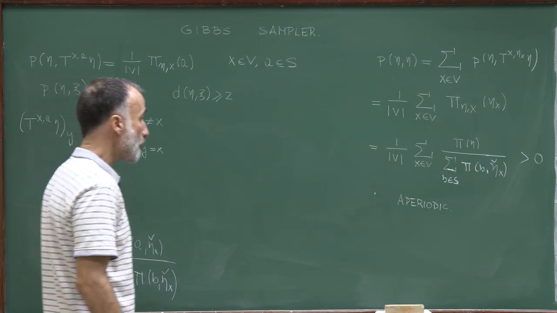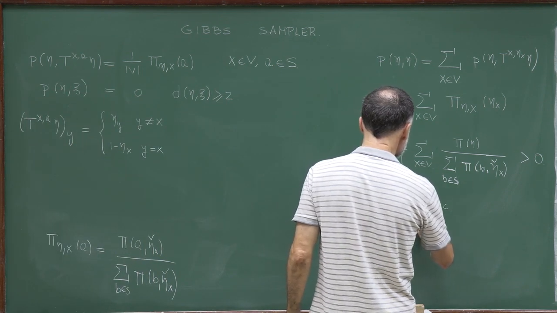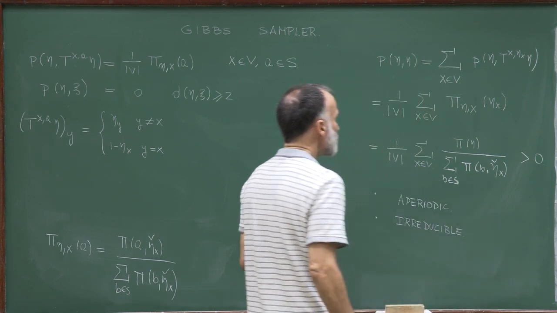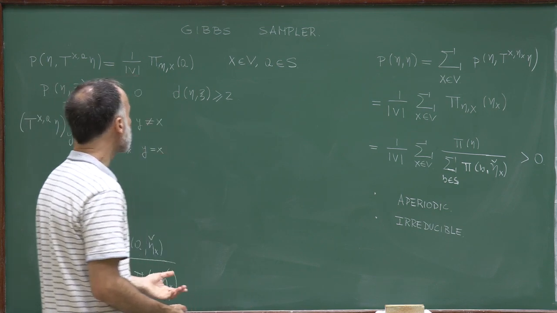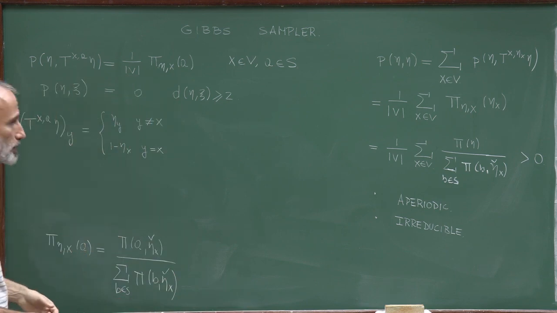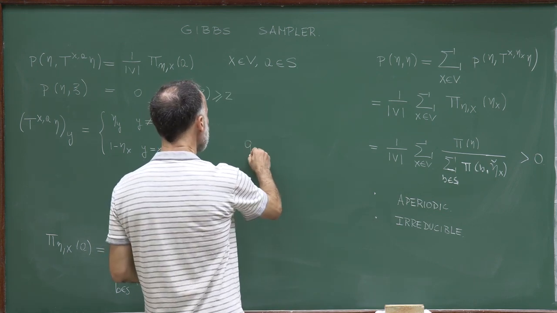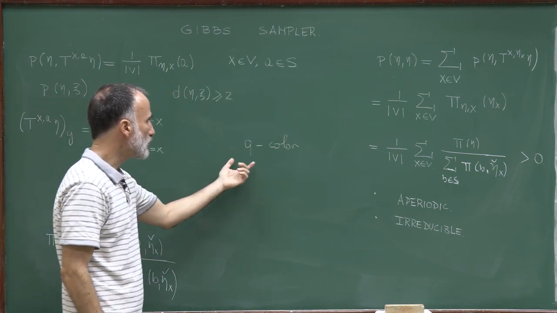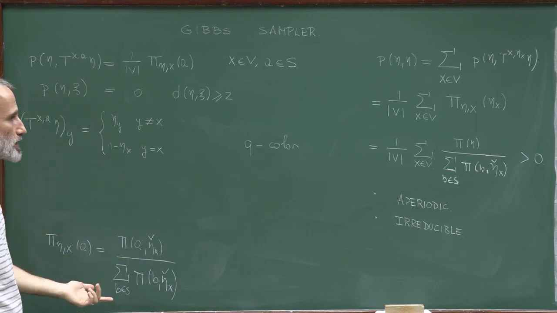Now, you have to prove that this chain is irreducible. And of course, that will depend on the model, on the space omega. Here you see that you are allowed to jump, and I will return to that. If you take, for instance, the Q-color model, it's not clear at all, if Q is small, that these dynamics, the Gibbs sampler, are irreducible.